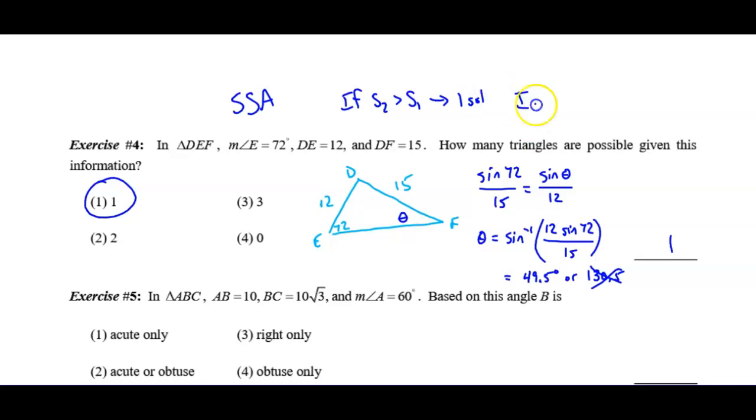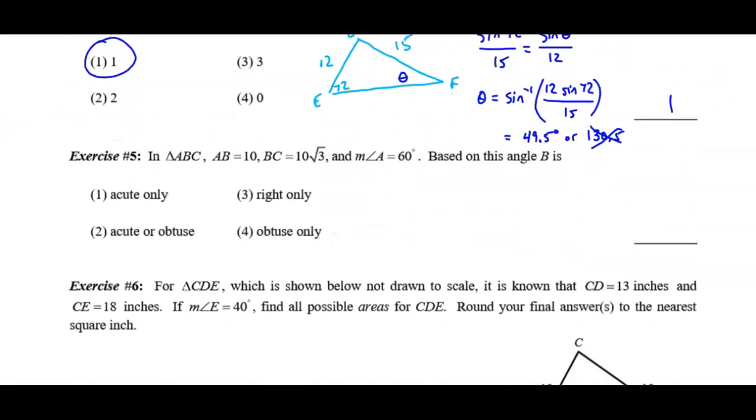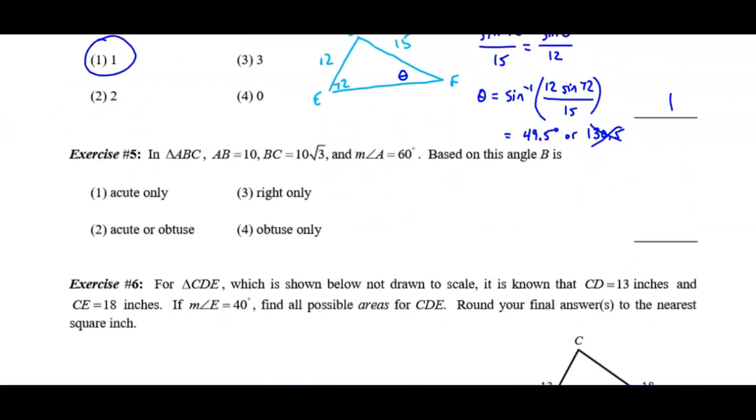If side 2 is less than side 1, that's the kind where it can swing in, and in that case we could have two solutions or zero solutions. Those are the two possibilities. So this is the ambiguous case. You've got to look at the side across from the angle and see how it relates to the other one next to the angle.